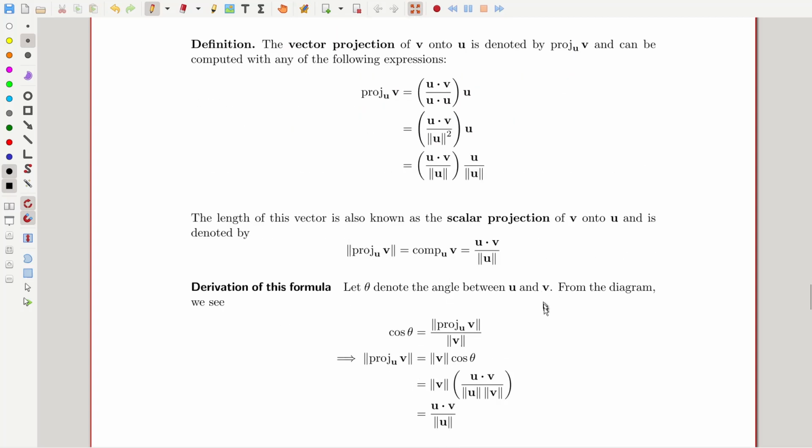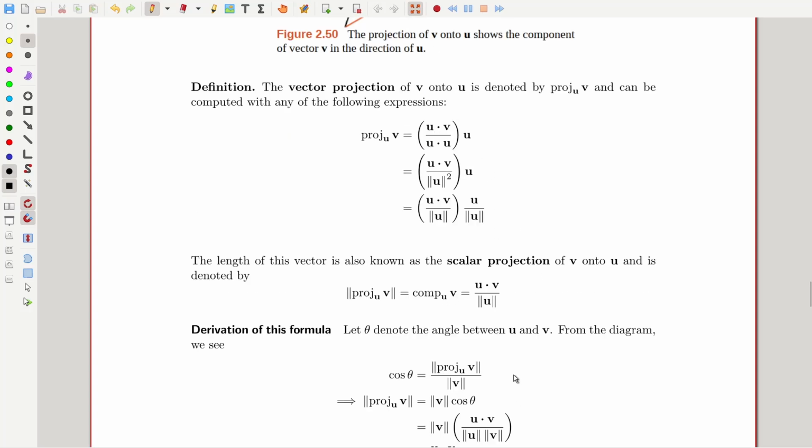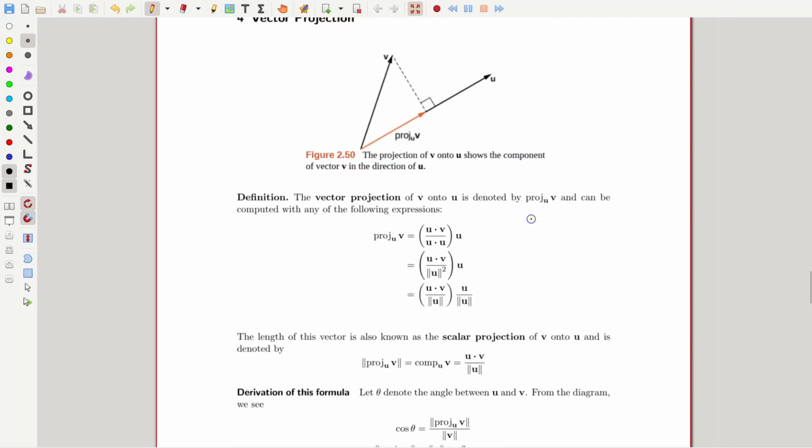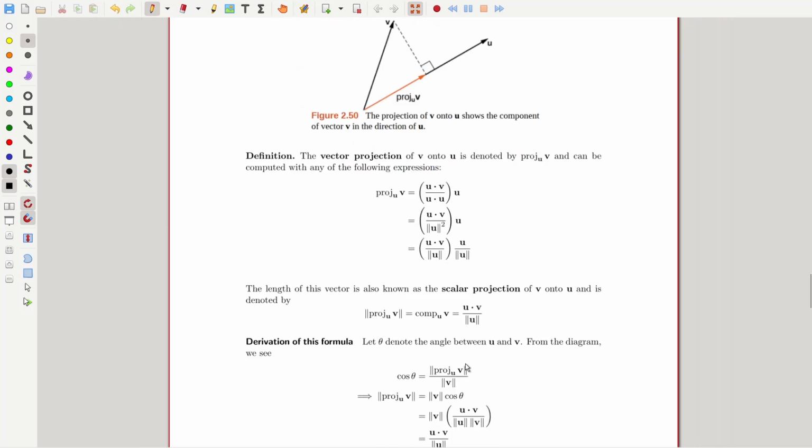Okay, now let's come back to this derivation. Perhaps I want to zoom out a little bit so that we can see how this starts. Let me label this by theta. Notice that we have a right triangle in this picture, and we can relate the length of this side and the length of this side of the triangle by using cosine.